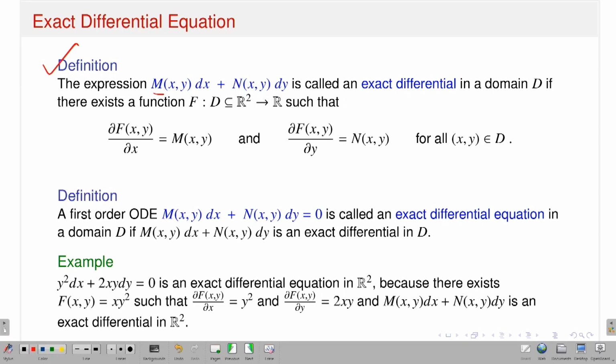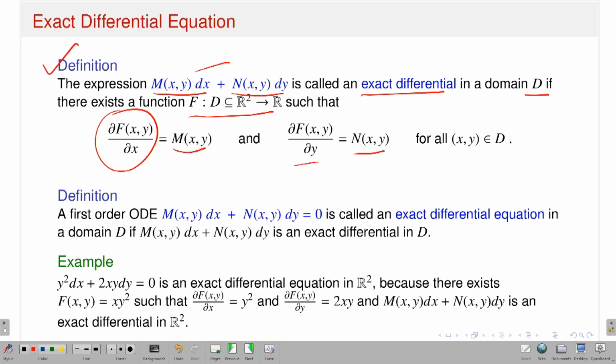The expression M(x,y) dx plus N(x,y) dy is called an exact differential in a domain D if there exists a function capital F defined on that domain D, a subset of R2, to R such that M can be obtained as the partial derivative of capital F with respect to x variable, and N can be obtained as the partial derivative of F with respect to y variable. If these things happen, then I will say that this M dx plus N dy is an exact differential.